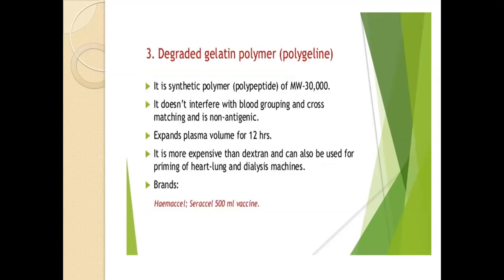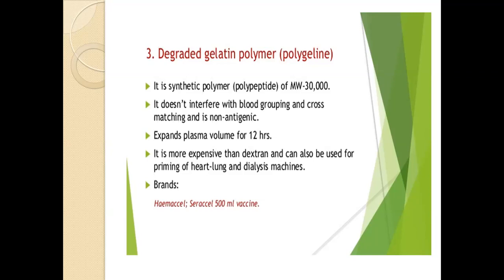Number 3, degraded gelatin polymer. It is a synthetic polymer with a molecular weight of 30,000. It does not interfere with blood grouping and cross-matching, is non-antigenic, and expands plasma volume for 12 hours.